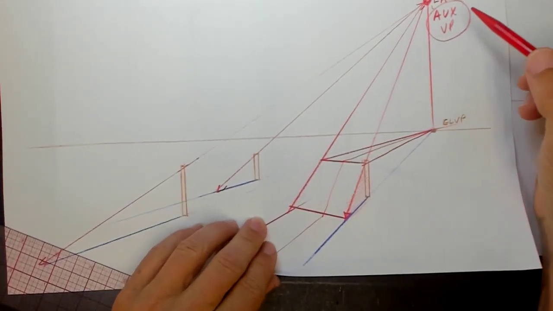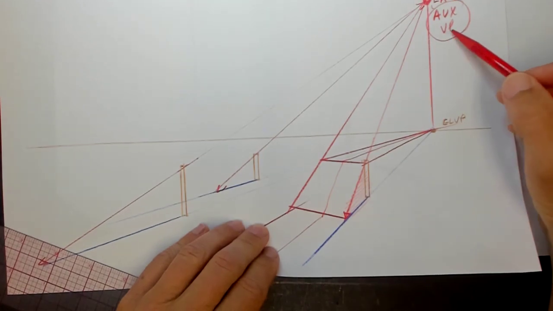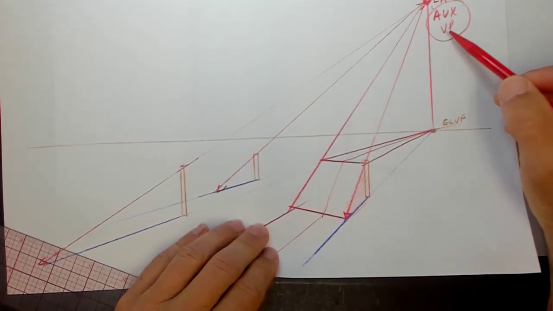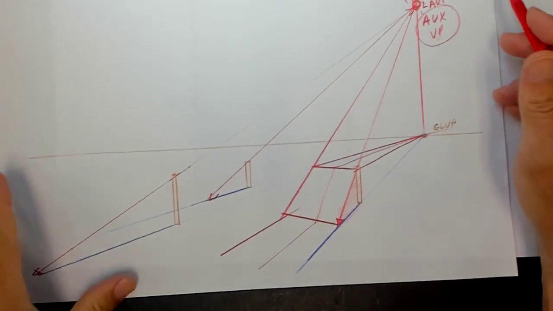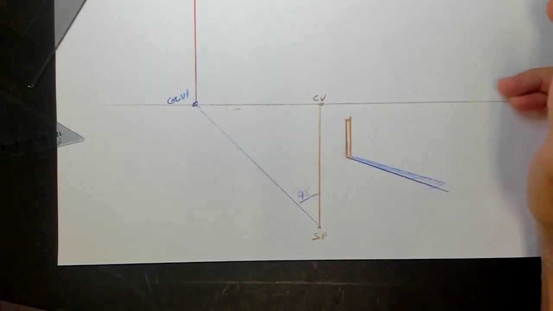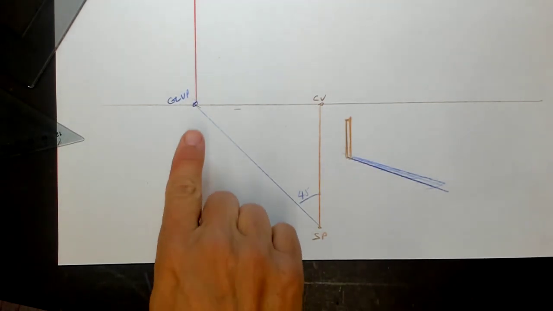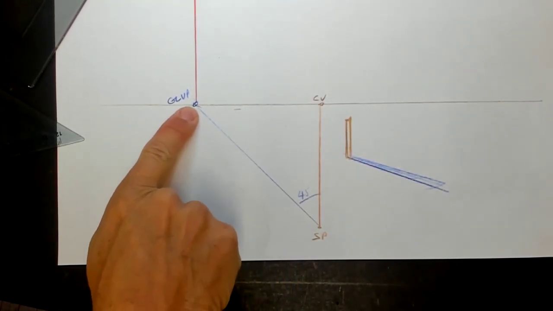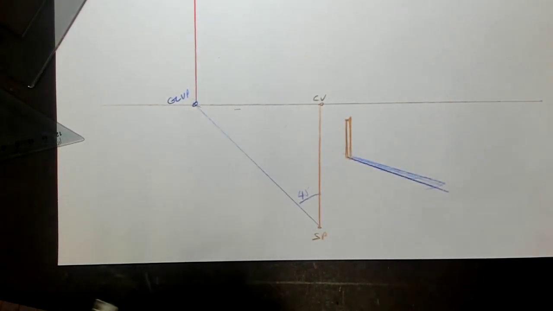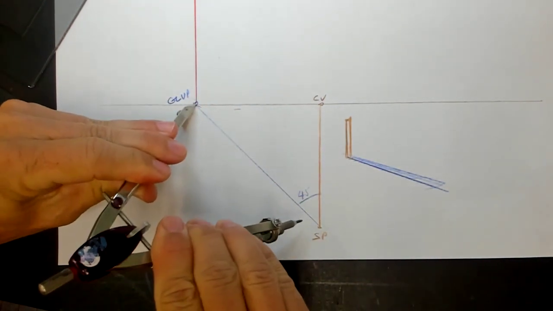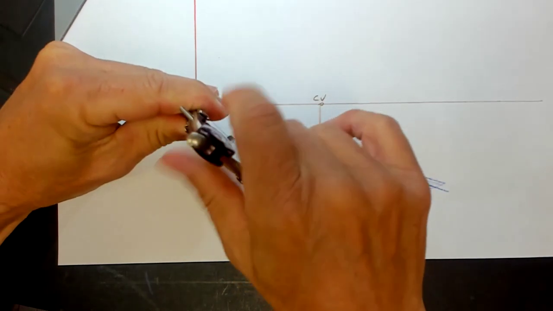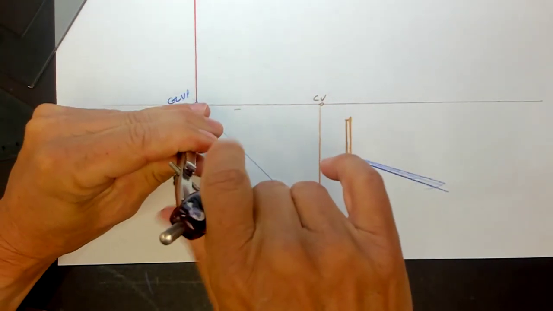So to get our auxiliary vanishing points in a really particular place up in the sky, we use the measuring point for that. So what we need is like a measuring point for this ground line vanishing point. So to do that, you take this distance from the ground line vanishing point to the station point.